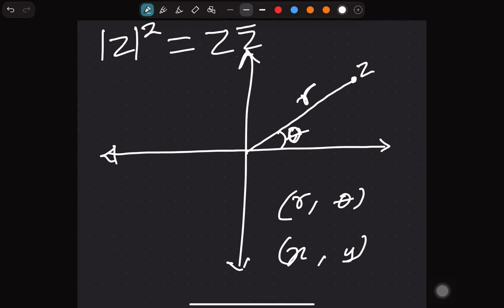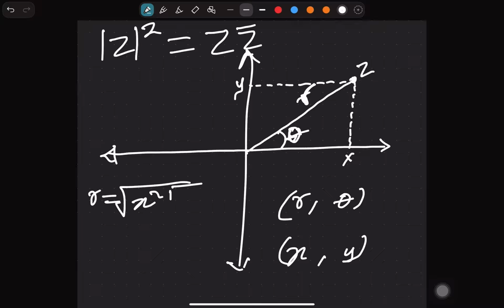Now this goes down to basic trigonometry. So this is our x and this is our y. From this diagram we can draw some basic mathematical relations using trigonometry. r is equal to the square root of x squared plus y squared.